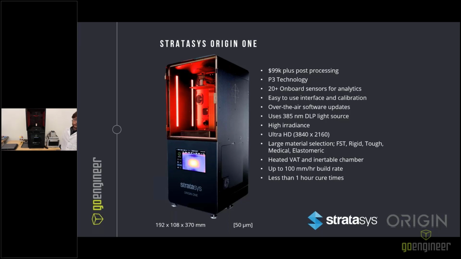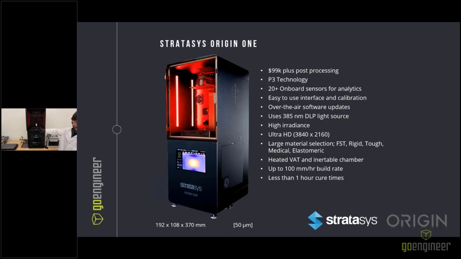So, a quick little recap. The Origin 1 starts at 99K, uses P3 technology with 20 plus onboard sensors for analytical purposes. Very easy to use interface, over-the-air software updates, a higher radiant, very, very high strength projector at true Ultra HD with a very large and expanding material selection.